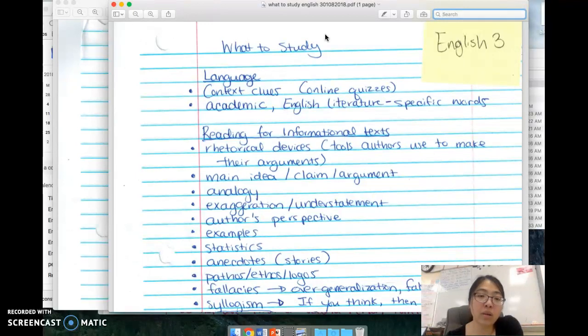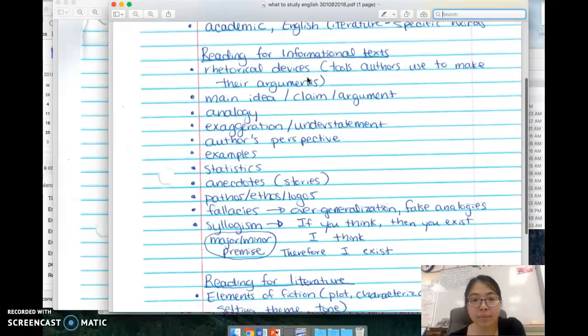So you definitely want to beef up your academic vocabulary and also your ability to figure out what words mean based on the context clues. I've got some worksheets to help you with that, and it's going to be part of your final exam review module for you to complete some of those activities.